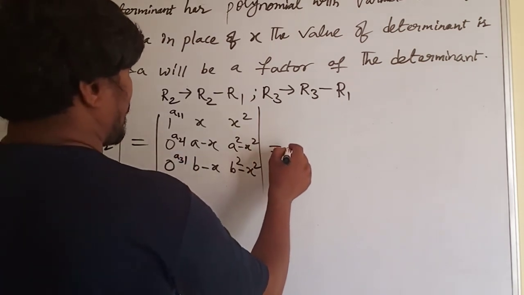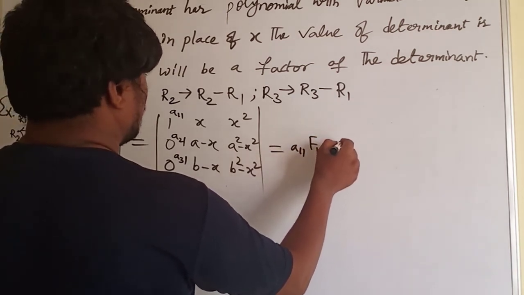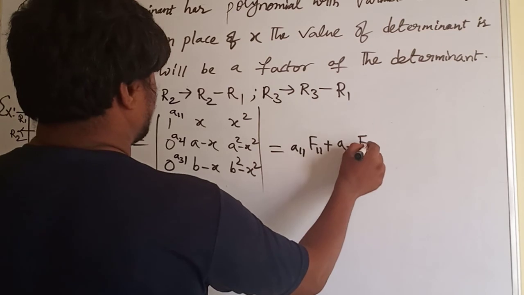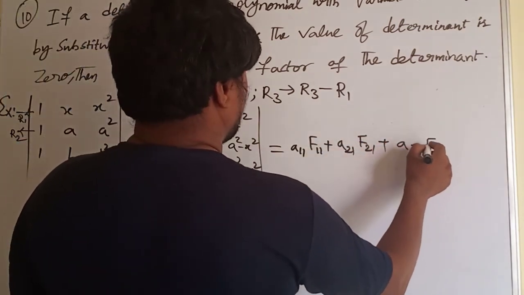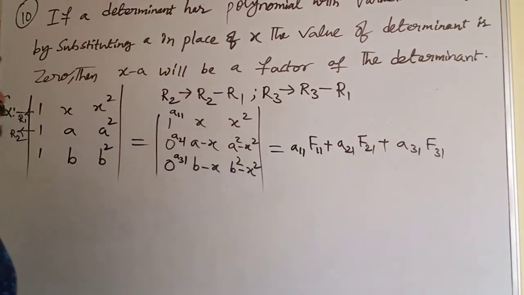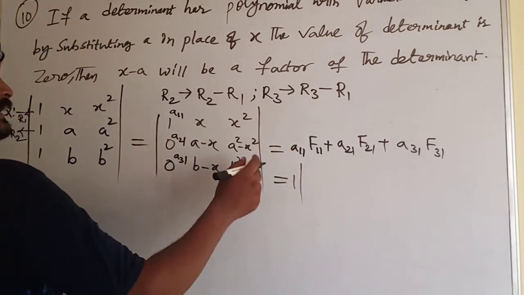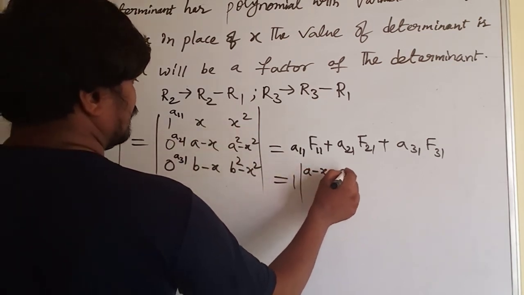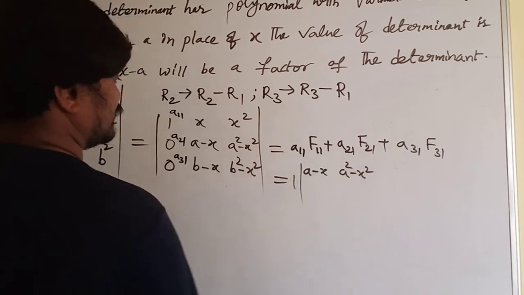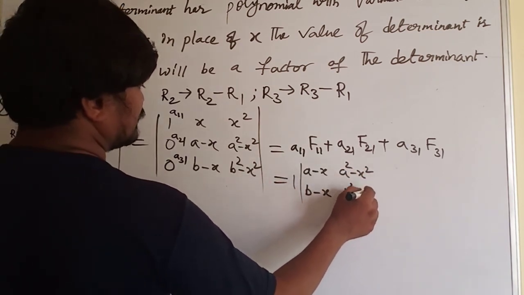So now a11 C11 plus a21 C21 plus a31 C31. So it is the easiest one. a11 means what do you know? 1. And the remaining part will be this: a minus x, a square minus x square, b minus x, b square minus x square.